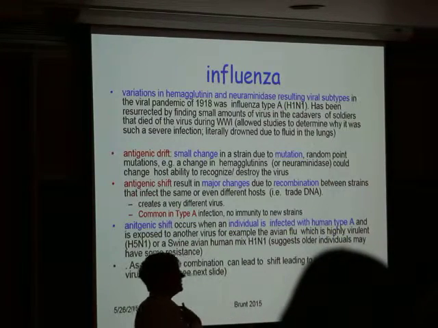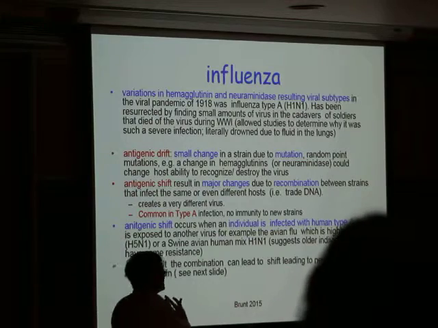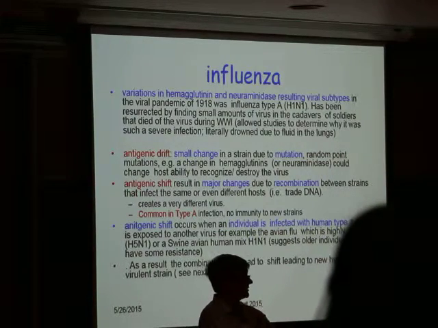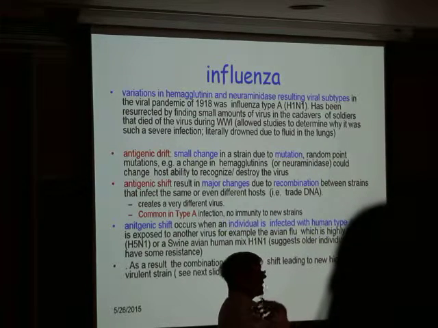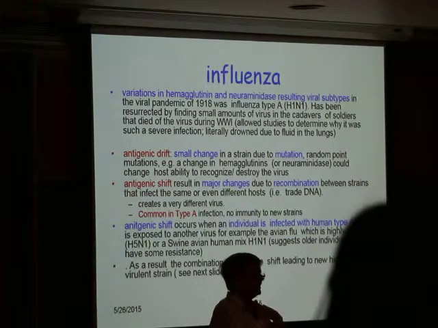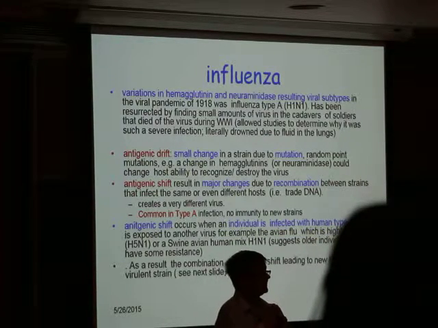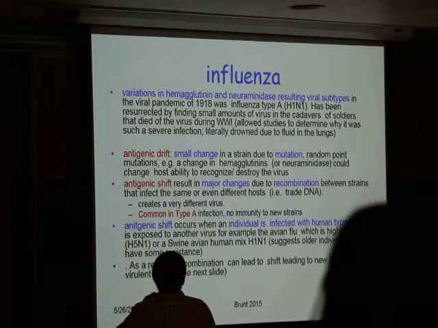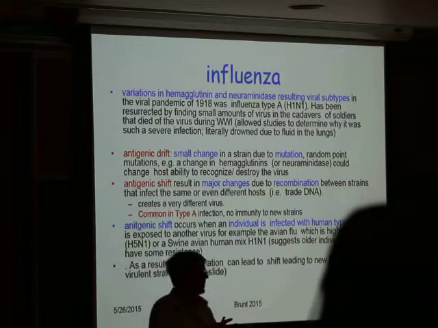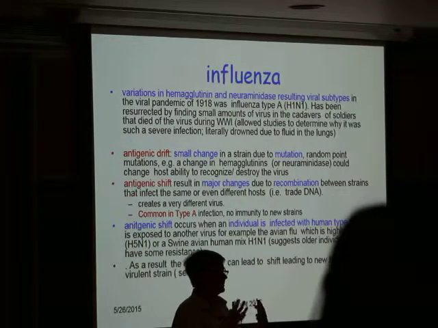So if I have a particular influenza type A virus, and then I get exposed to another virus, maybe an avian flu virus, and that flu virus enters my body, theoretically it cannot infect me by itself, but it can talk to the other influenza virus. And it can undergo antigenic shift to result in a reassortment of a virus that may well then be able to be spread person to person.